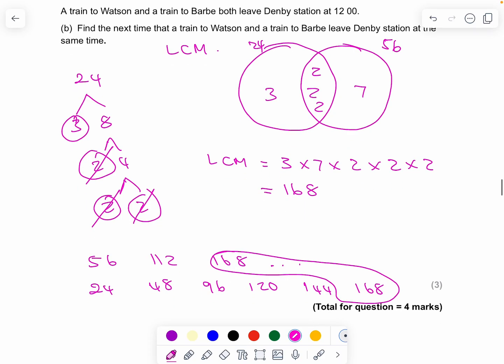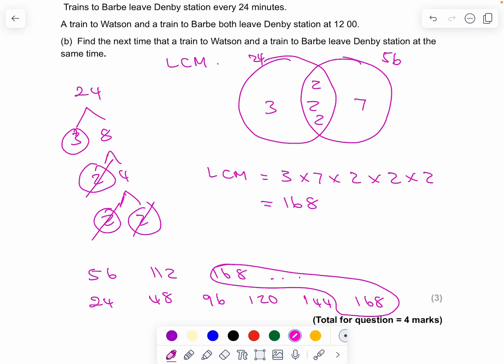Either way, hopefully you then realise what to do to get the full marks. That would give you 2 marks so far out of the 3. But now I need to find the correct time. So 168 minutes is 2 hours, because 2 times 60 is 120 minutes, and so it's 2 hours and 48 minutes.